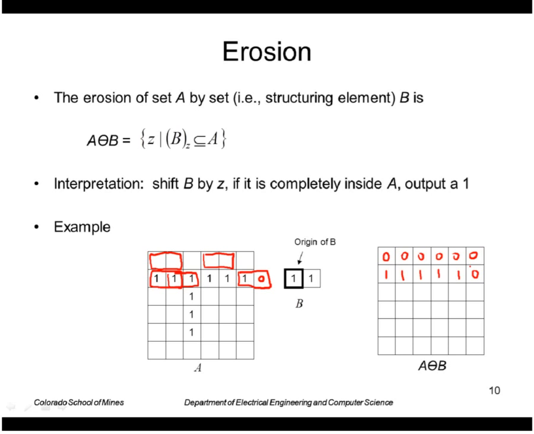The rest of the rows are also zeros because there's no way that I can shift B so as to output a 1 completely inside A. So that would be the erosion of A by B.